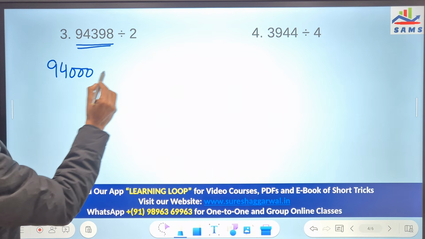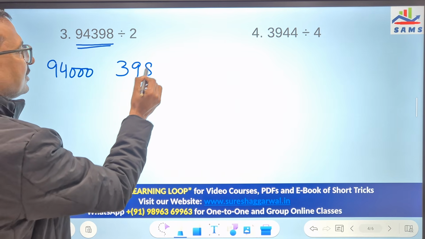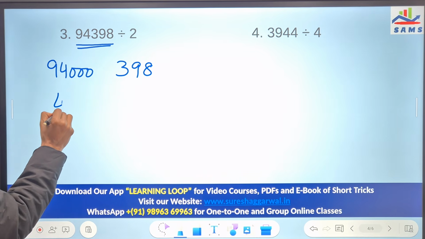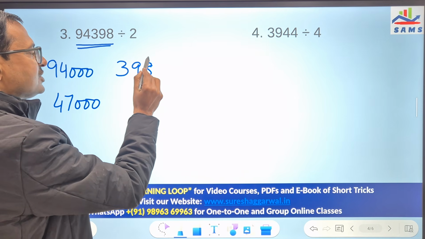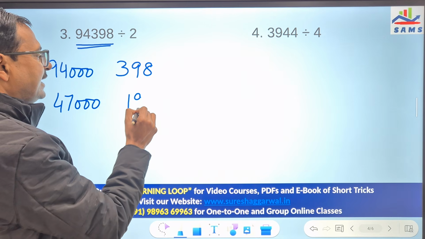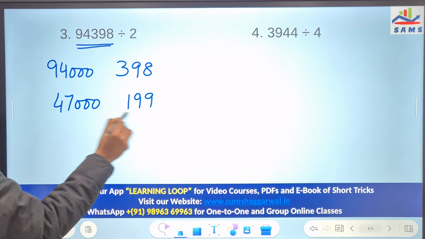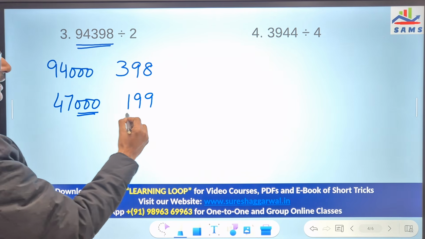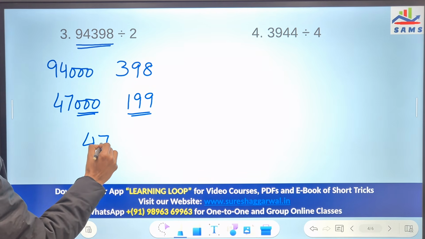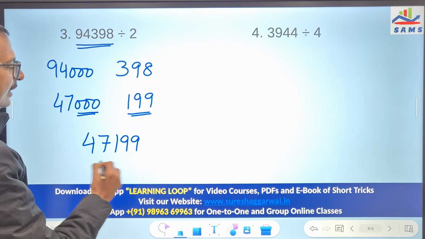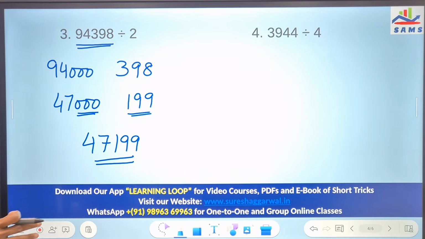So I will write it as 398, and 94,000 becomes 47,000, and because half of 400 is 200, this will be surely 199. And when I add these two, because there are 3 zeros here and 3 digits here, the simple answer is 47199, and that gives me the quotient of the number.